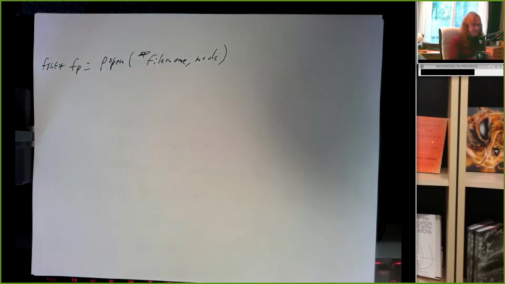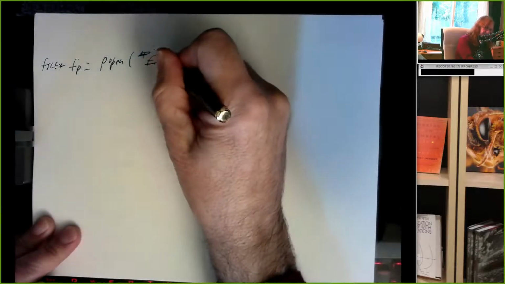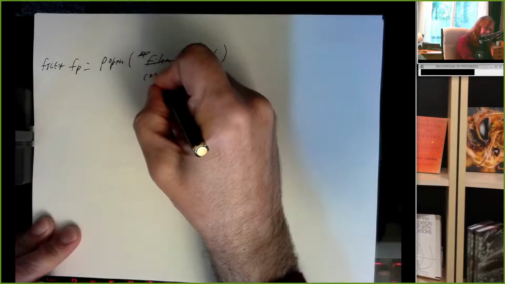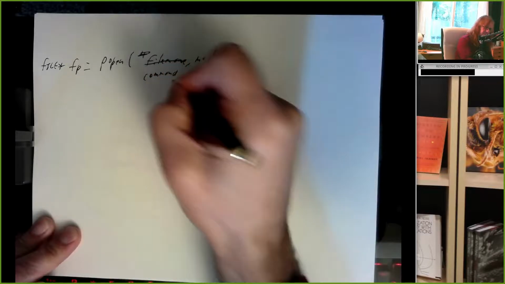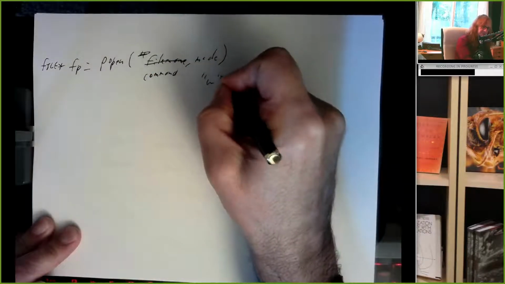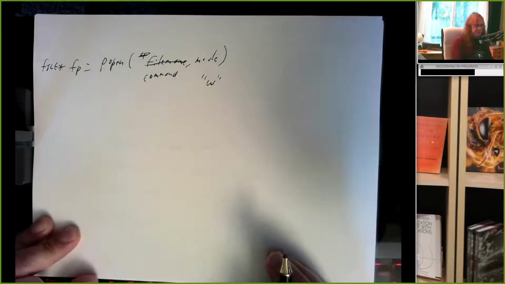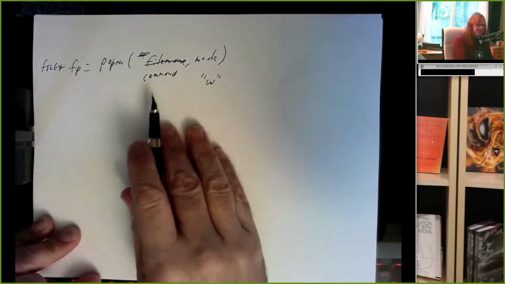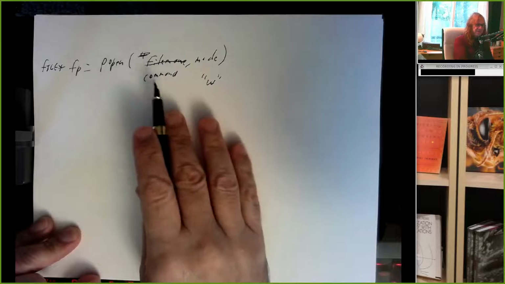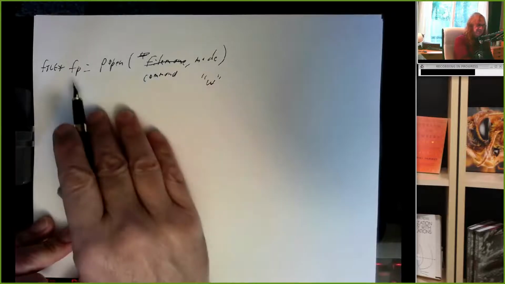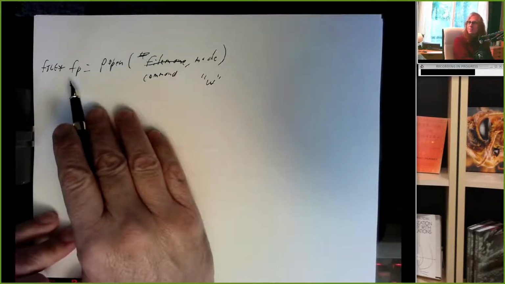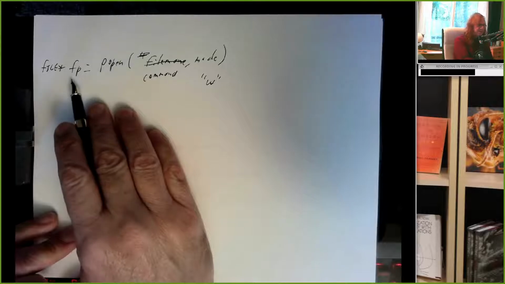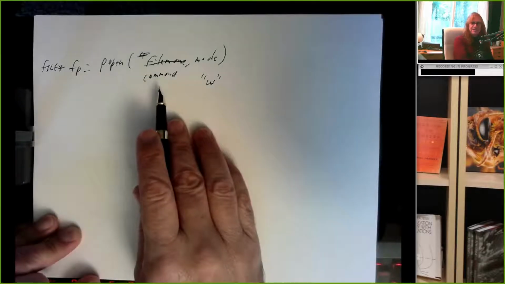With a popen, this is actually a command. And if our mode is write, quote W, what popen does is it begins to execute this command, but it connects standard in to this file pointer. So anything I write into this file pointer feeds standard in of this running command.